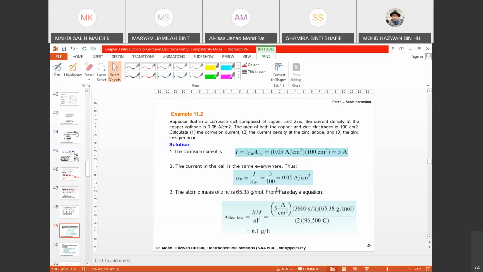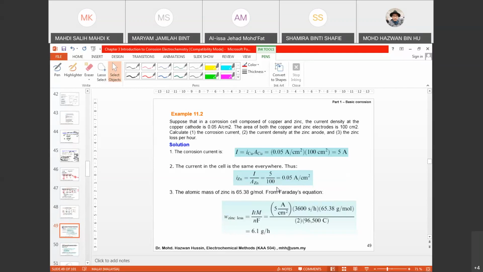Okay. So in example 11.2, suppose that a corrosion cell is composed of copper and zinc, the current density at the copper cathode is 0.05 amperes over centimeter square. The area of both copper and zinc electrode is 100 centimeters square.